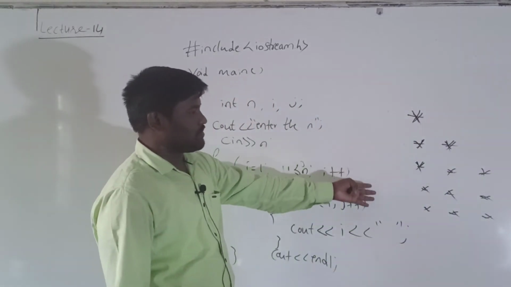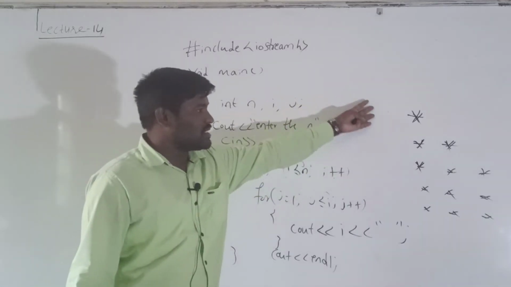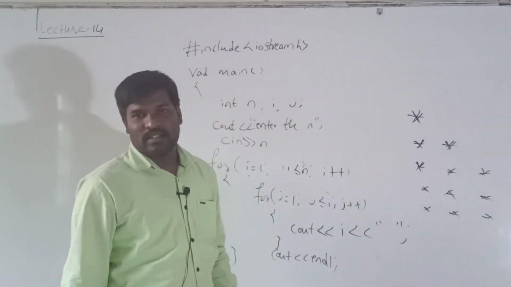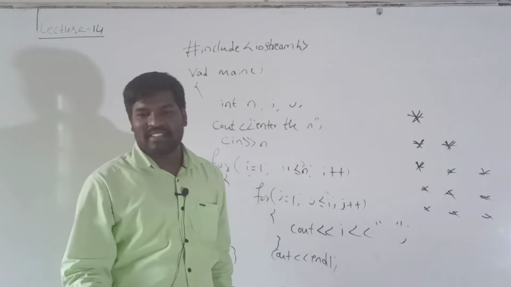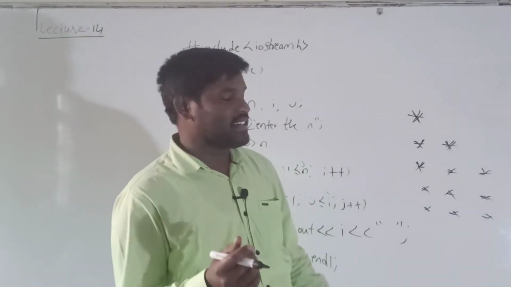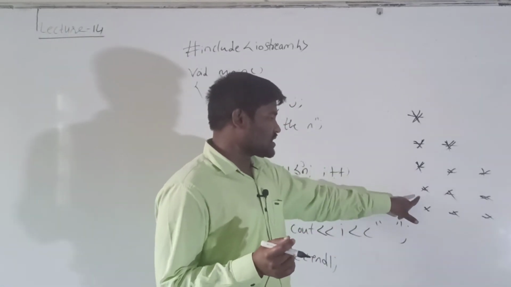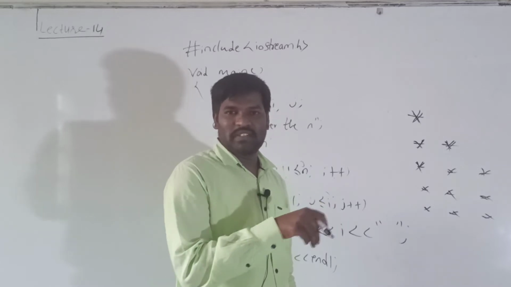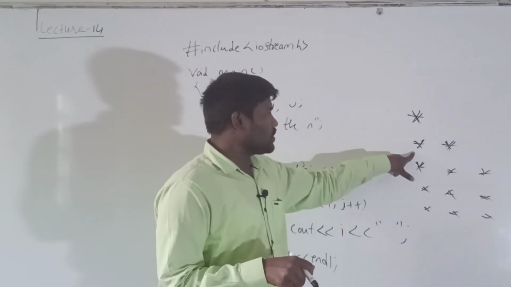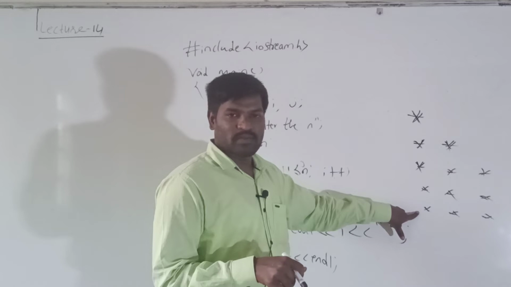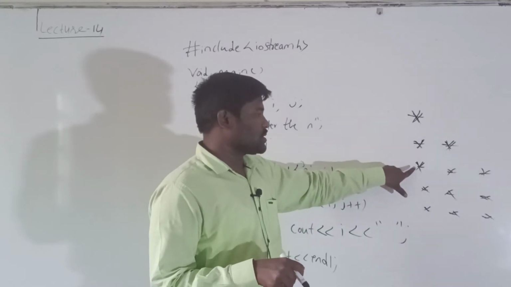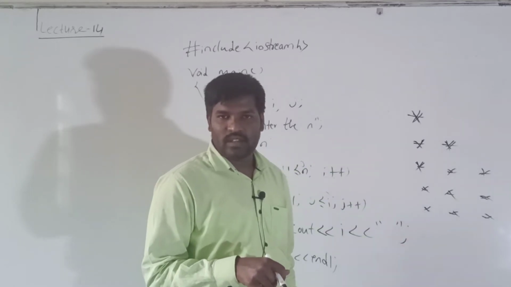Instead of printing the numbers, the pattern is a symbol, that is the star symbol. See here, in the first line only 1 star is there, second line 2 stars, 3 stars, 4 stars, 5 stars. But the previous pattern is 1, 1 2, 1 2 3, 1 2 3 4, 1 2 3 4 5, or 1, 2 2, 3 3 3, 4 4 4 4, 5 5 5 5 5.